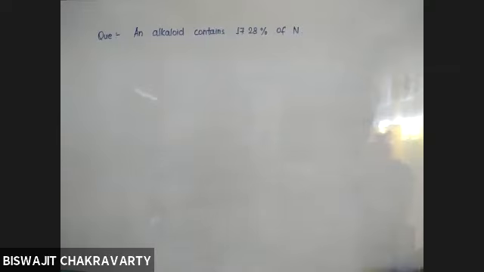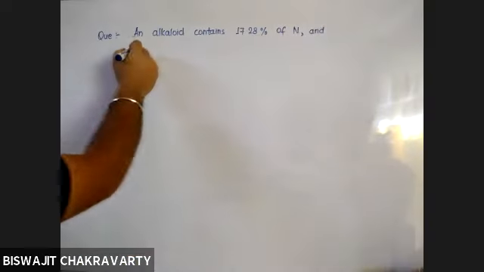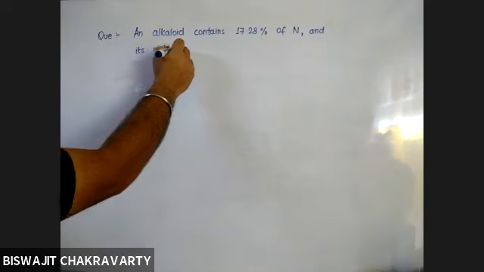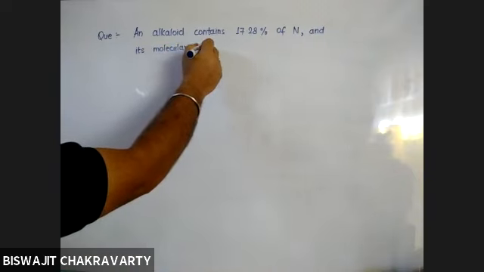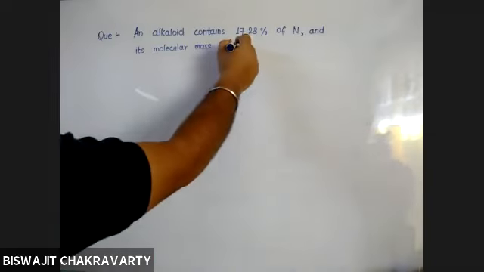And according to this statement, whatever is the total mass of the alkaloid, nitrogen is only 17.28% of the total. And its molecular mass is 162.